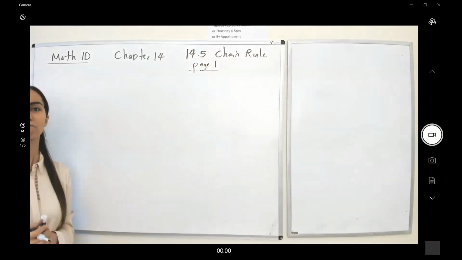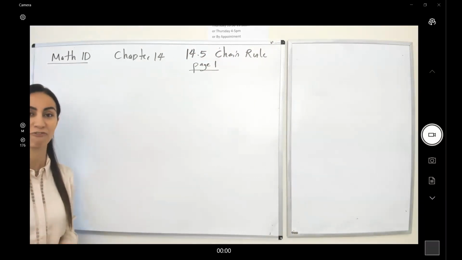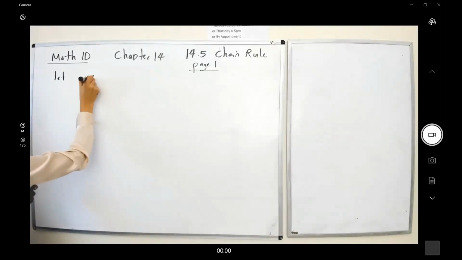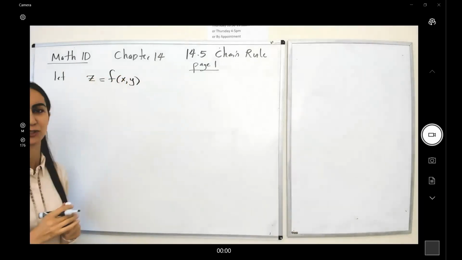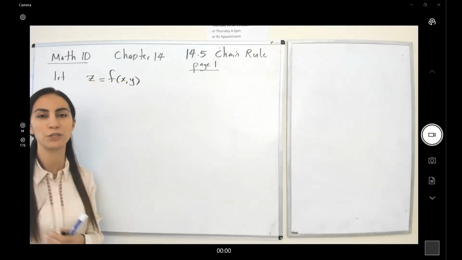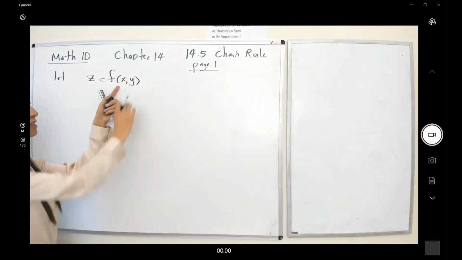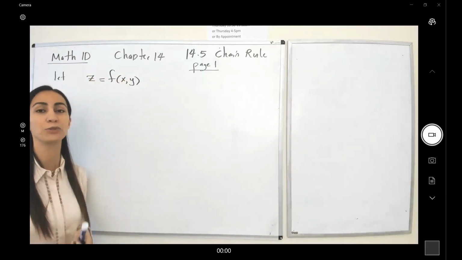Very well. So suppose you have a function in 2 variables. Let z be a function in 2 variables. And also, you're introducing a new variable like t, such that x and y are dependent on that new variable.